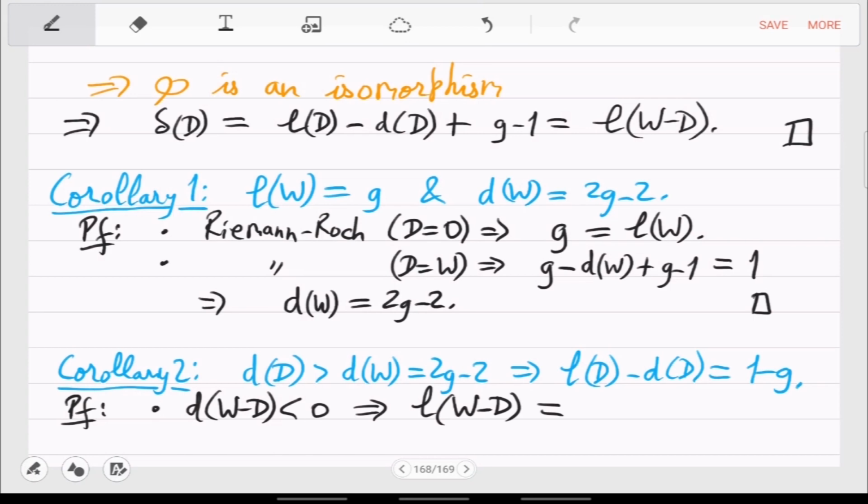Which tells you about its L dimension. So a negative divisor means that you are looking for functions that are greater than or equal to positive. I mean those functions won't exist, in this case not even constant functions will work.